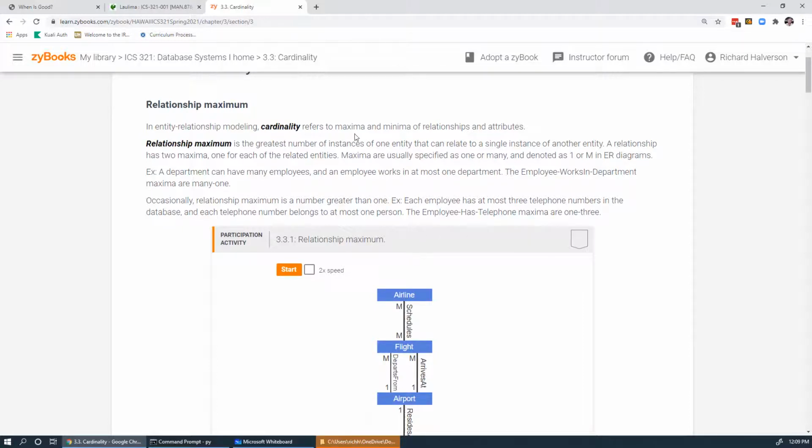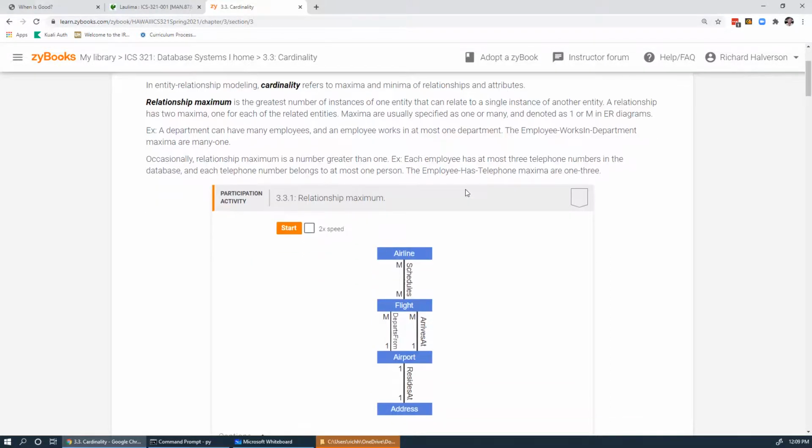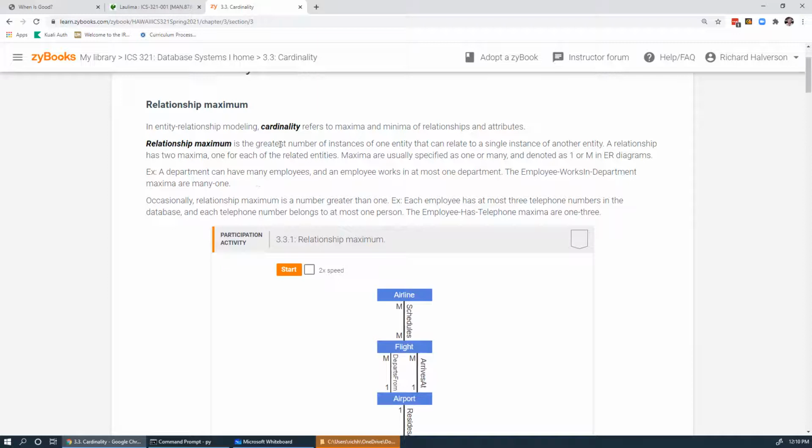All right, so cardinality refers to the maxima and minima relationships of the attributes. A relationship maximum is the greatest number of instances one entity can relate to a single instance of another entity, and you'll see what this means in a moment.